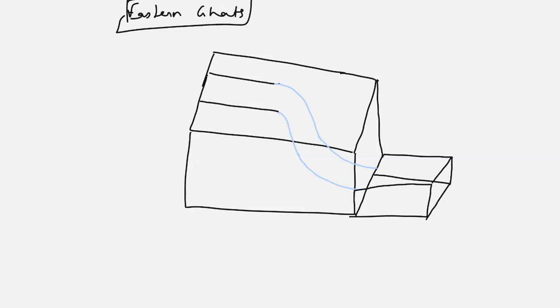So this is one of the landforms formed because of lateral erosion and vertical erosion, which is called a gorge.